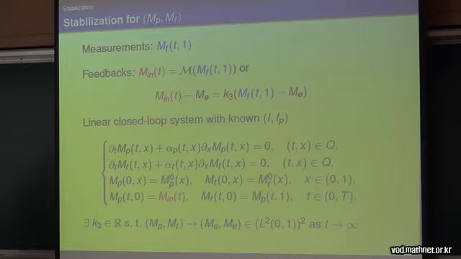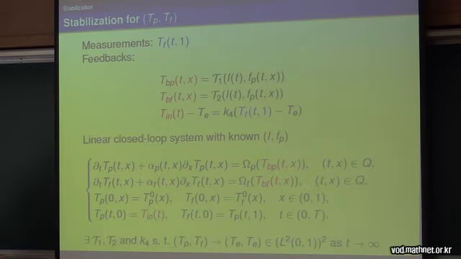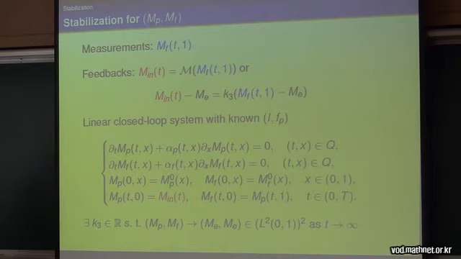And the observer for the moisture equation is the moisture at the exit of the extruder. So again, by using some Lyapunov approach, we can prove that it's exponentially stable under this feedback law.